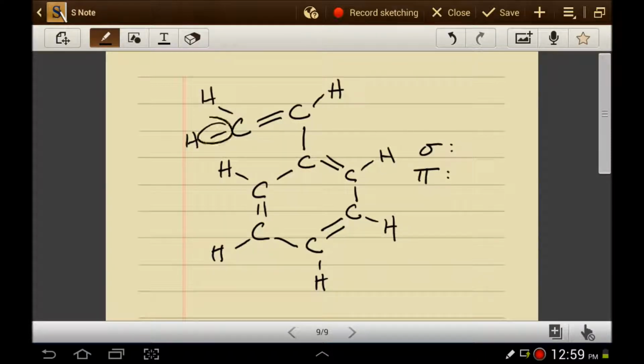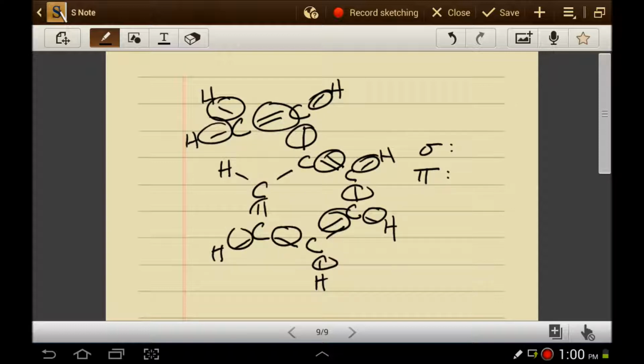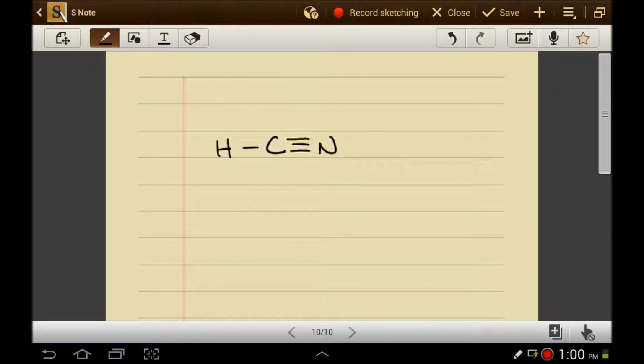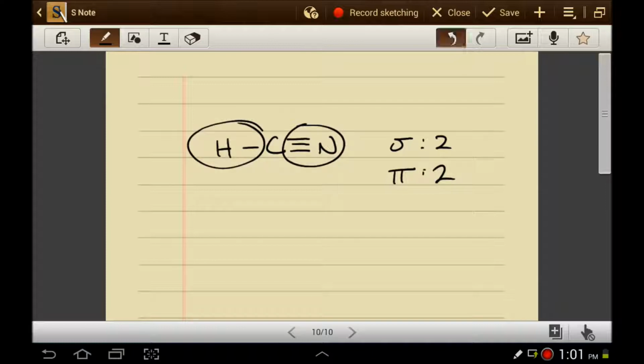Styrene has 16 sigma bonds, and 1, 2, 3, 4 pi bonds. The hybridization of this carbon here with 3 sigma bonds is sp2 hybridized. Here we have 2 sigma bonds and then 2 pi bonds. And since the carbon has 2 sigma bonds around it, the hybridization of the carbon here would be sp hybridized.